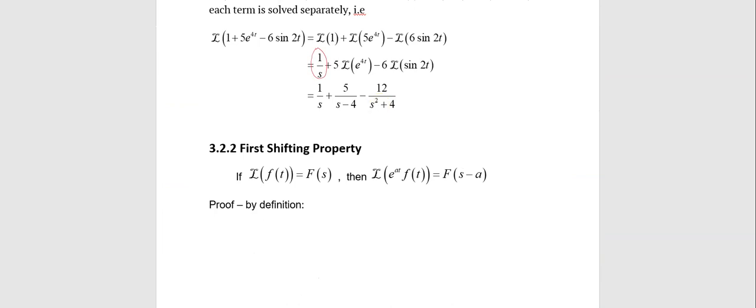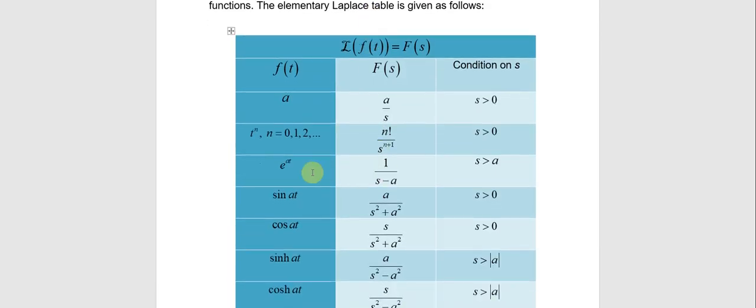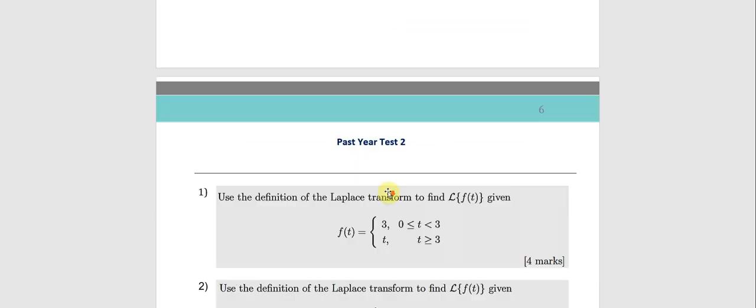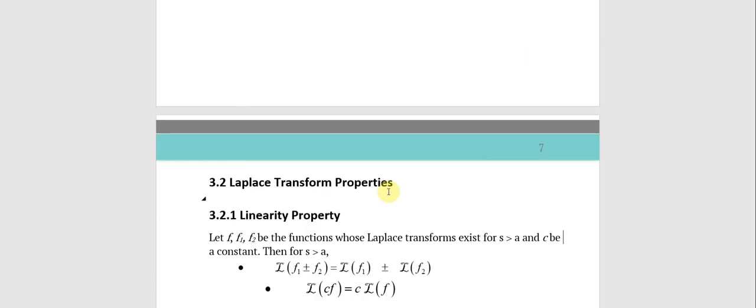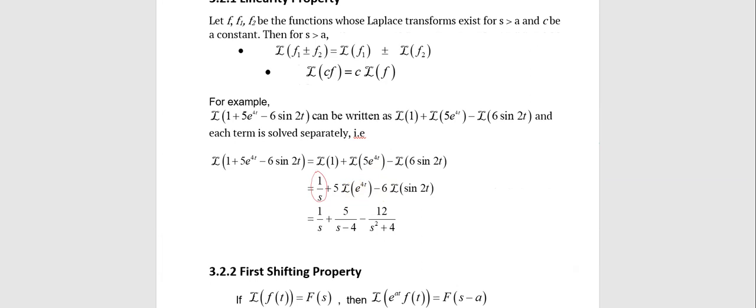For the exponential function, the Laplace of e^(at) is equal to 1 over s minus a. Since 5 is a constant, we can take it out.